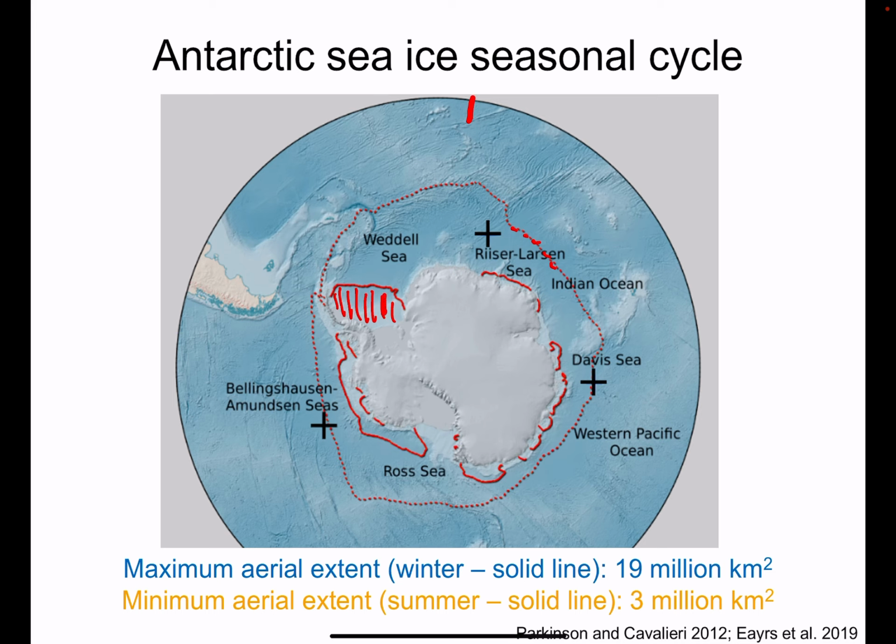Particularly the Weddell Sea, where you've got the Antarctic circumpolar current going this way, but you've got this gyre circulation in the Weddell Sea like this that ends up taking sea ice and sort of bunching it up in the western part of the Weddell Sea. And the reason that's important is I'm going to show you some photographs of ice from the Weddell Sea.